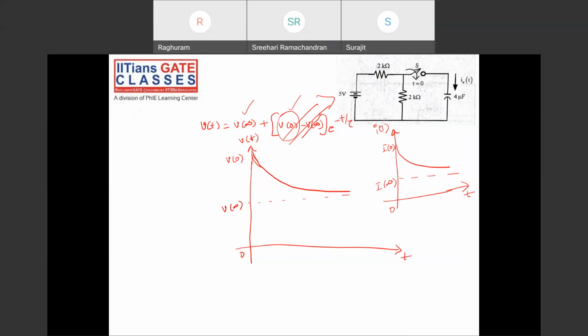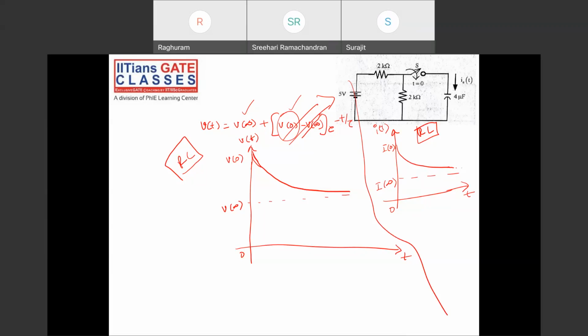Sir, for current, at steady state it will reach up to 0 now. This is for RL and this is for RC. In an RL circuit also it will reach it at a time of infinity. See, whenever in transients we talk about currents, it's about RL circuits.